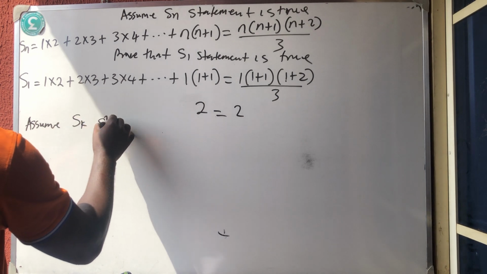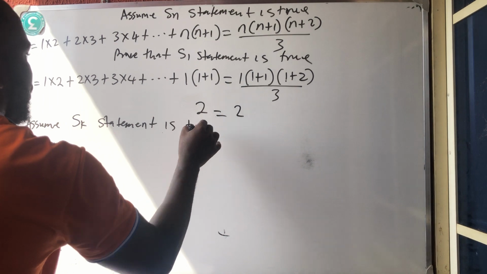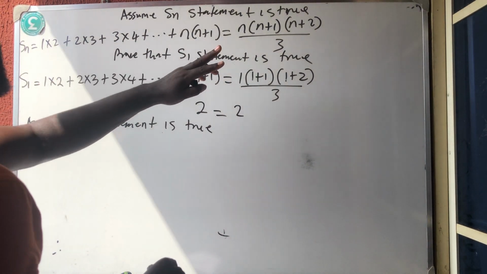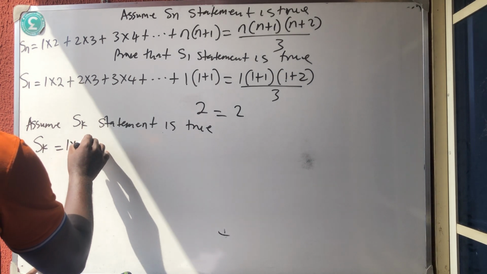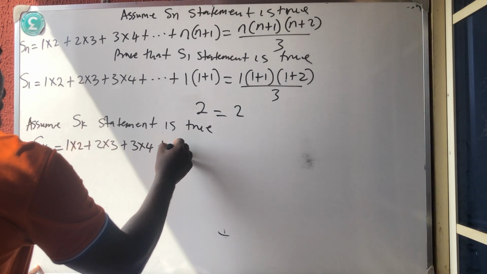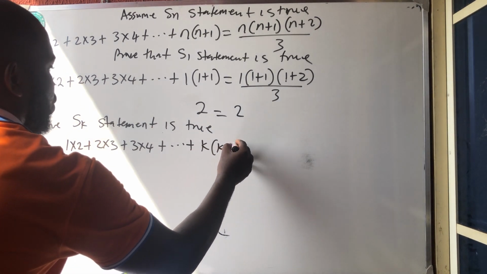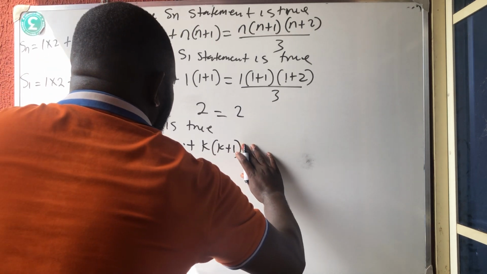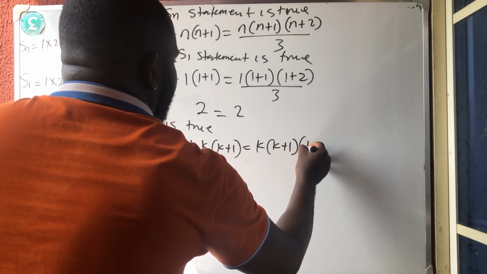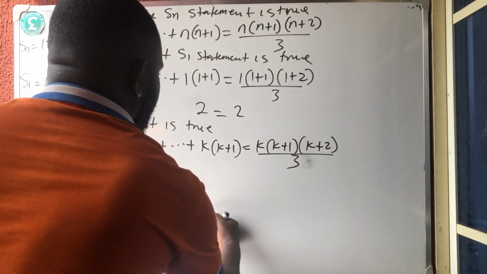Assume SK statement is true, which means SK is equal to, anywhere you see n, put K. I'm having 1 times 2 plus 2 times 3 plus 3 times 4 plus ... plus K into K plus 1 is equal to K bracket K plus 1 bracket K plus 2, everything over 3. Are you with me?